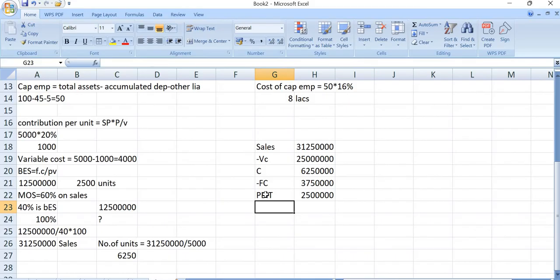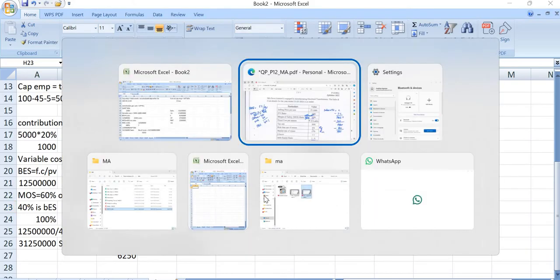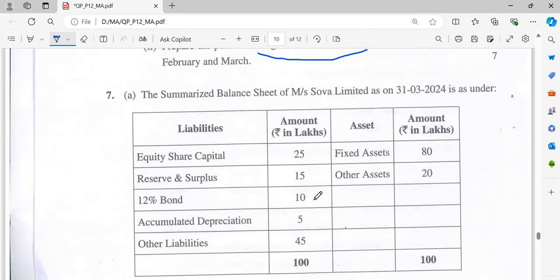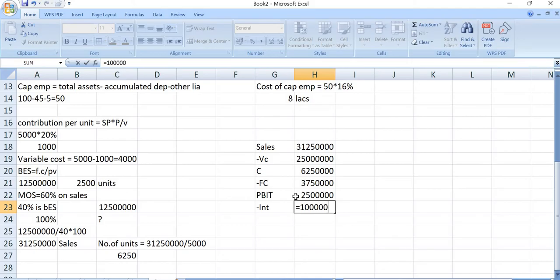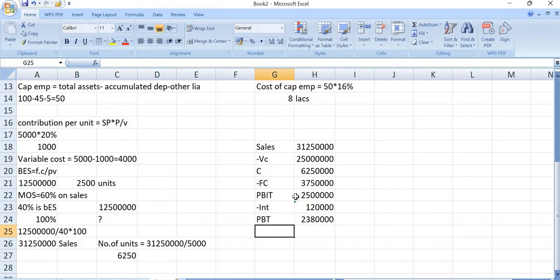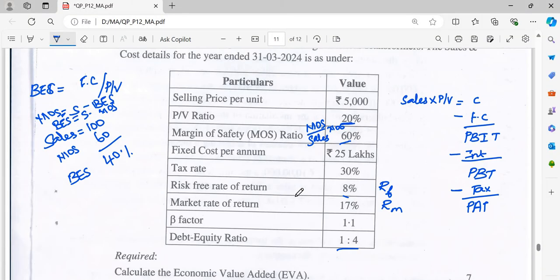Okay, now I can reduce interest from here. How much is my interest? 10 lakhs, for which we are going to pay 12 percent. So 10 lakhs into 12 percent.